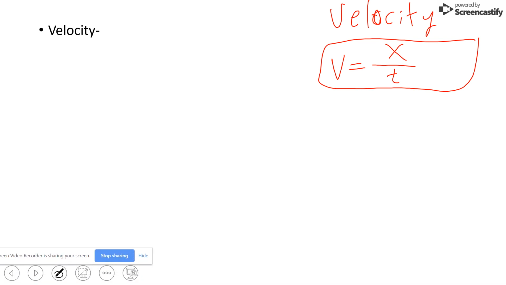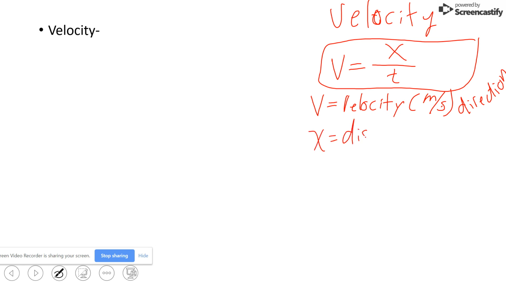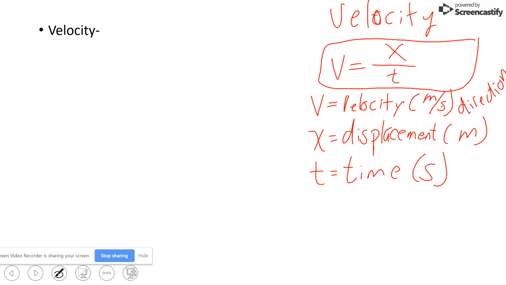As we're looking at this, v is your velocity, which is going to be measured in meters per second. But you also, remember, need to have some sort of direction with this. x is going to be your displacement, which is measured in meters. And t is time, which is measured in seconds.